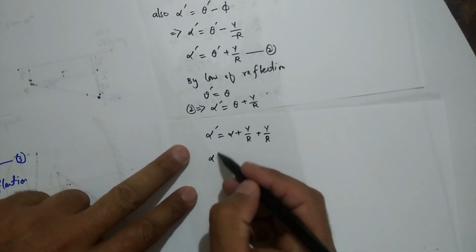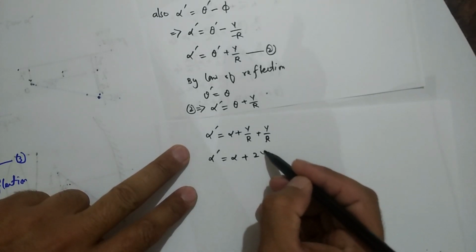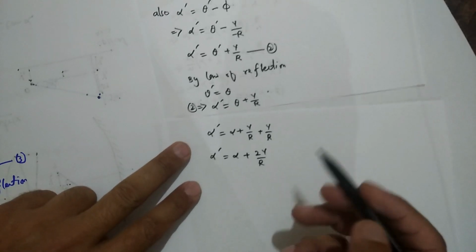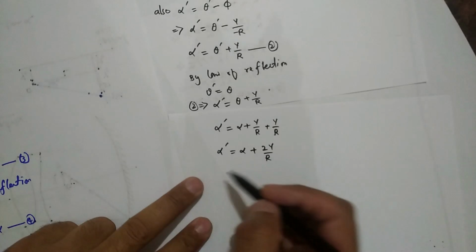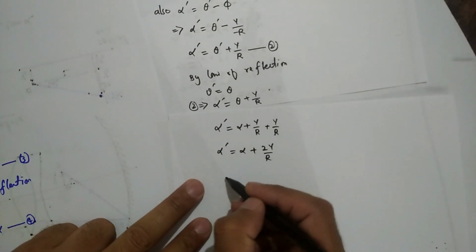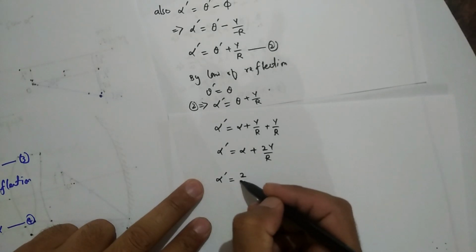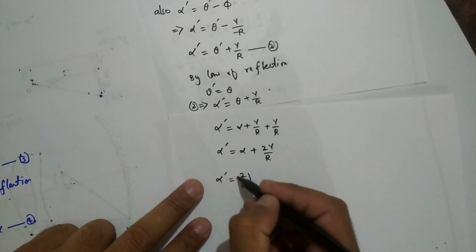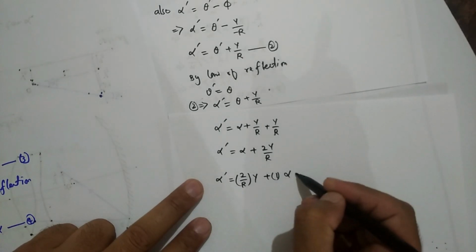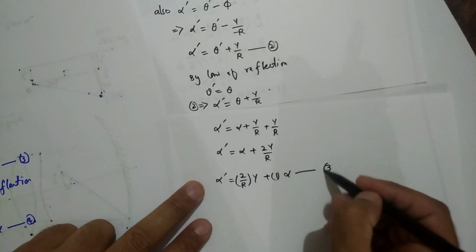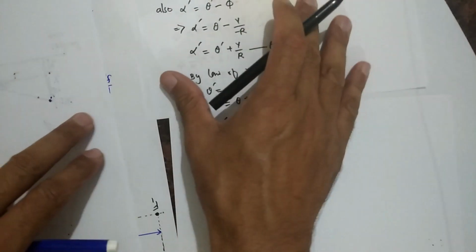So alpha prime is equal to alpha plus 2y upon r. In the form of a linear equation, we can write it as alpha prime is equal to 2 upon r y plus 1 alpha. Let this be equation number third.